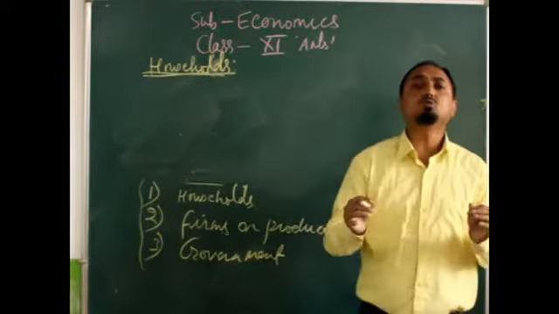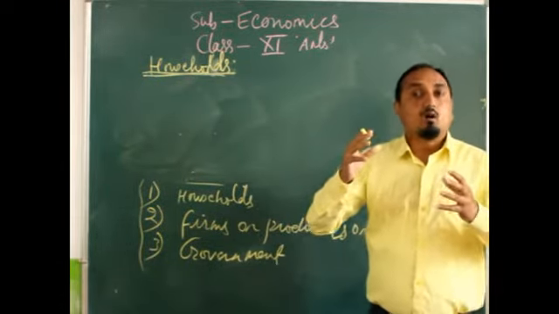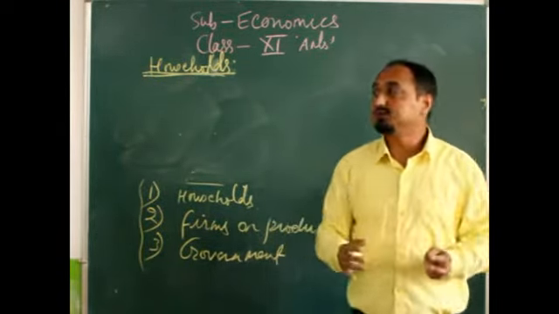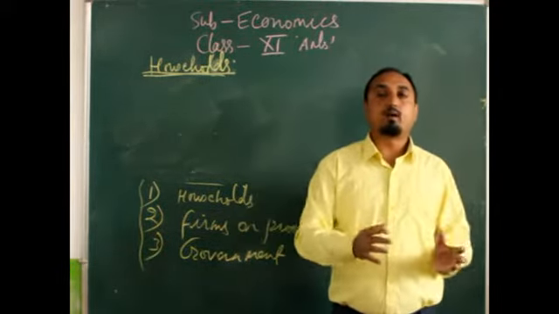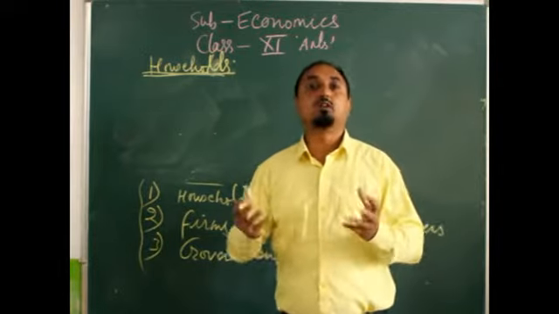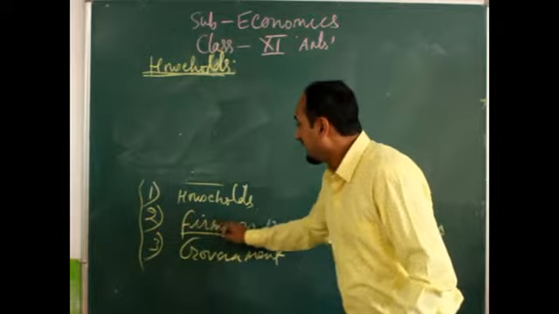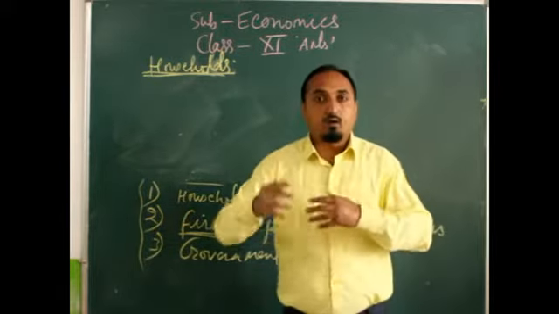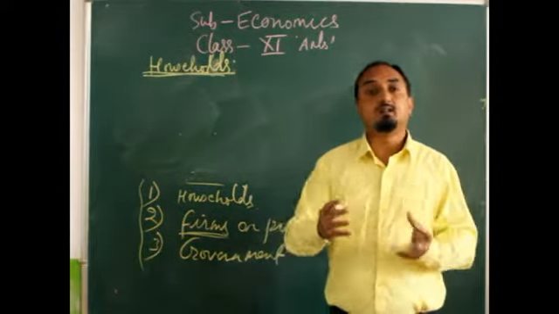Now, households are one of the important suppliers of factor services. We have seen that households are the ones supplying labor. They are providing various types of resources in an economy, and those resources will be utilized by the firms in production.